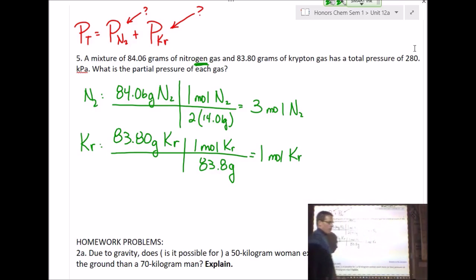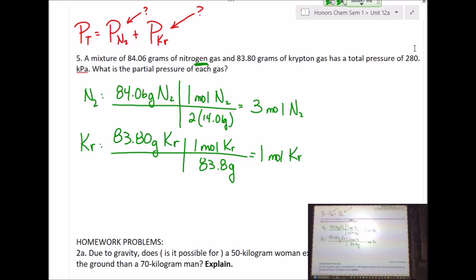Now, gases under the same conditions behave in the same way. So if I have 3 times as much nitrogen as I do krypton, what can I safely say about the pressure exerted by nitrogen?